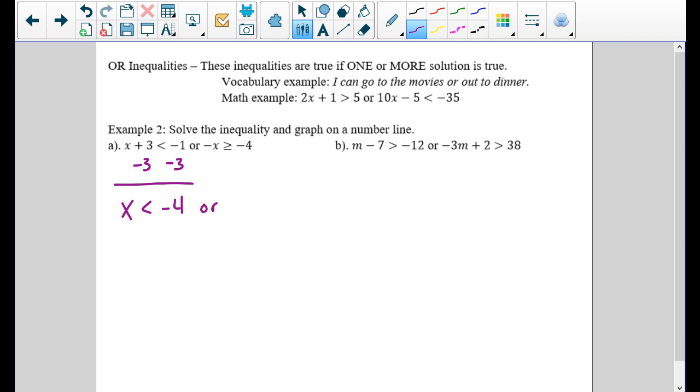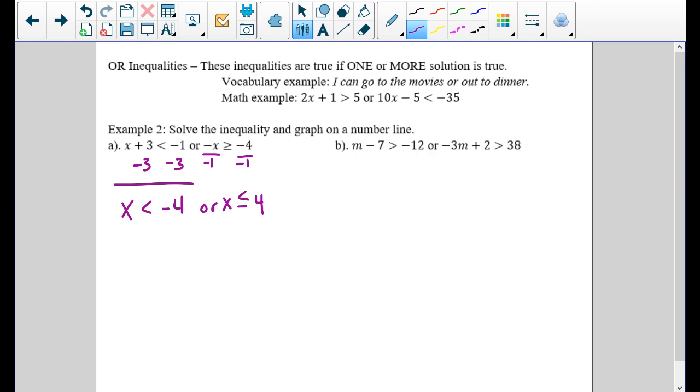Or, I can solve the other side here. Negative x greater than or equal to negative 4. We're going to divide here by negative 1, which leaves me with an x. The 4 now becomes positive, and when I divide by a negative 1, I need to flip that inequality, so x is less than or equal to 4.